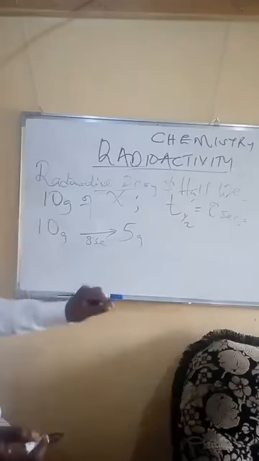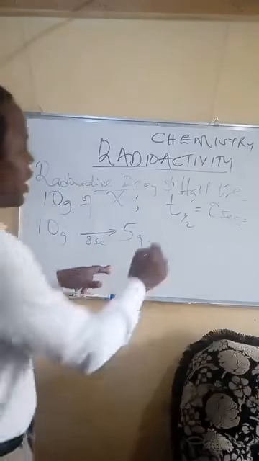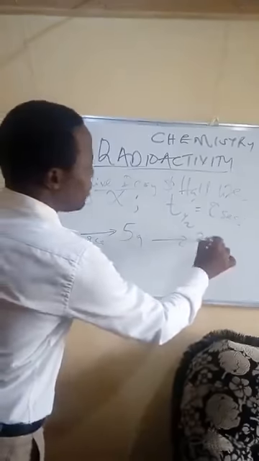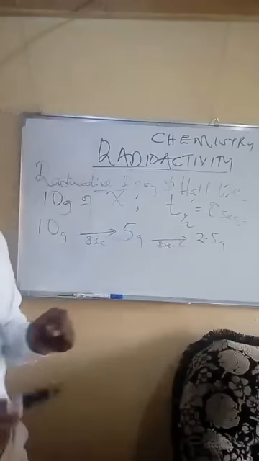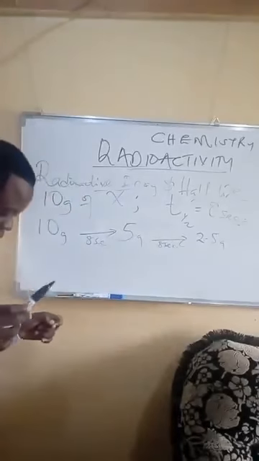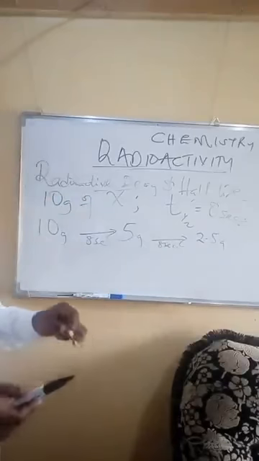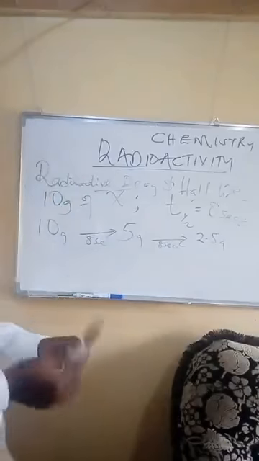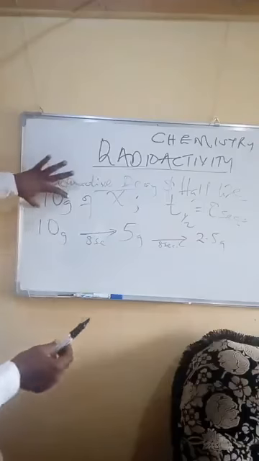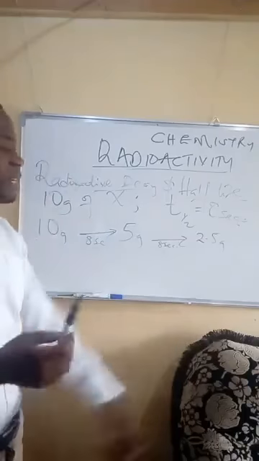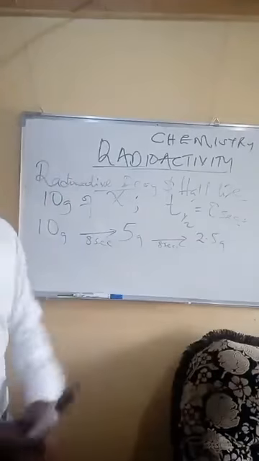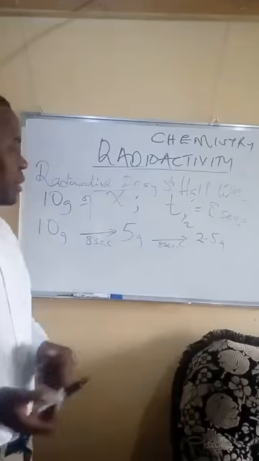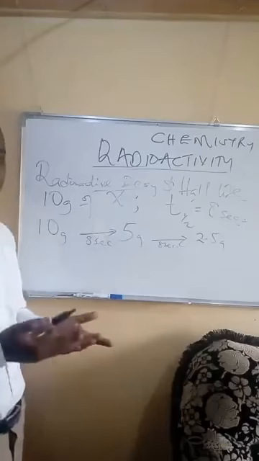After another half-life, these 5 grams will decay so that we only have 2.5 grams, and this is another 8 seconds. So the time required for these 10 grams to decay to 2.5 grams is 8 seconds plus another 8 seconds, and the answer therefore is 16 seconds.